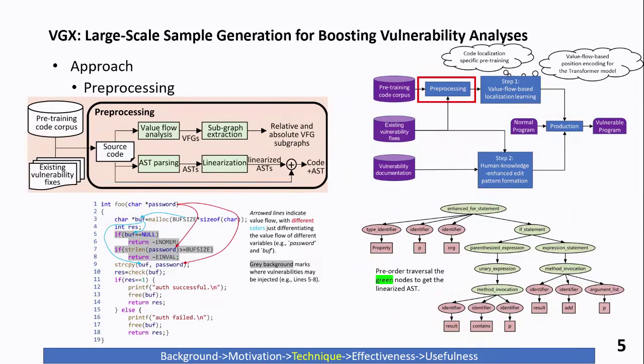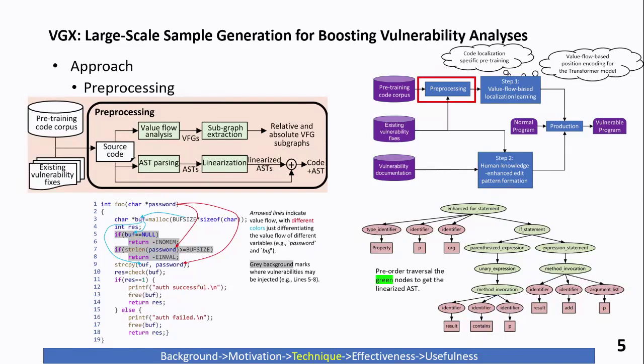So value flow relationship essentially is a data dependency relationship, where you define the variable and where you use the variable. Where you use it is impacted by where you define it, because the value here is determined by the value here. We use this kind of relationship to calculate the position encoding within transformers.